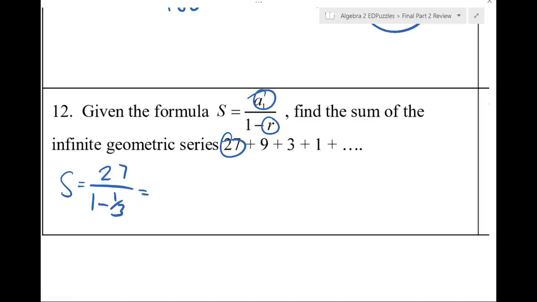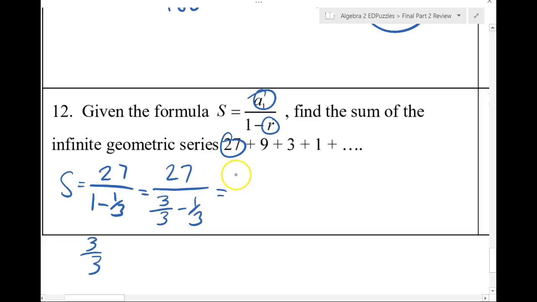Okay, so now to finish this off, in order to subtract 1 minus 1/3, we need to convert 1 to a fraction. I know that 1 is also the same as 3 over 3. So I'll just change that to 3 over 3. And now they have the same denominator. Whatever the 1 is and whatever the fraction is over here, just change it to the same denominator, and you can put the same number on top.